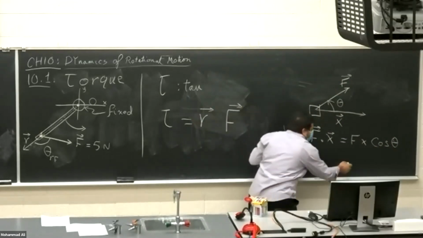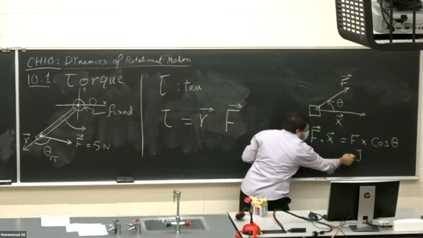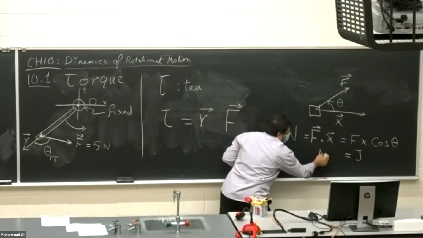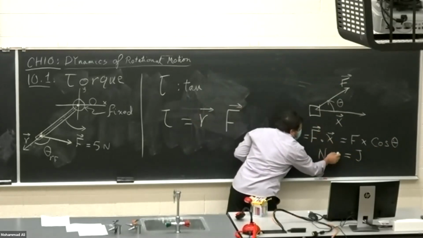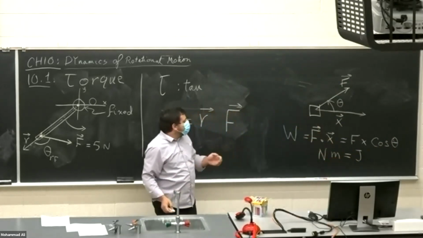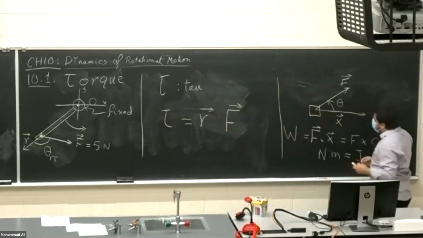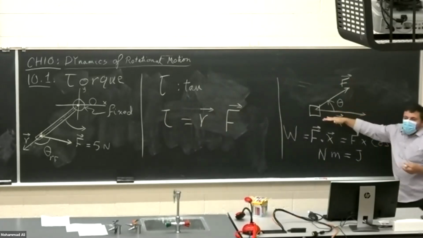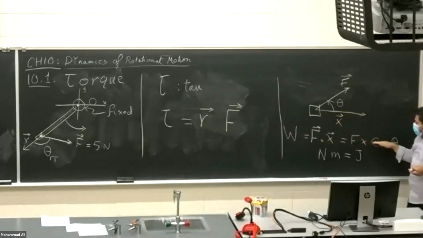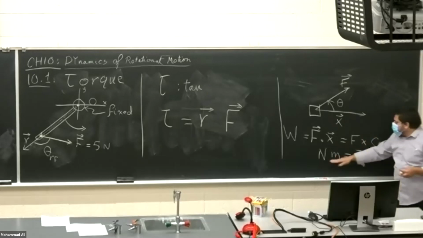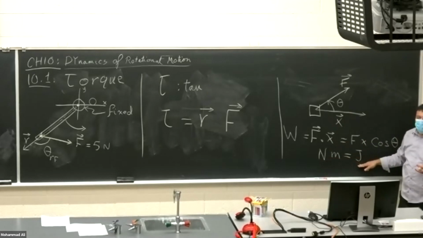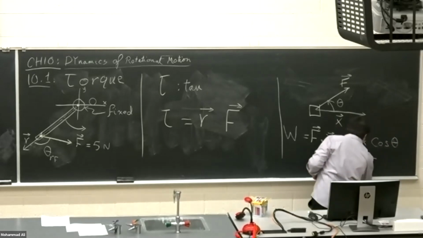If you remember, it is joule, which is also equal to force in newtons times x in meters. So in our previous study, there is an interaction between a force and a distance and the angle between them: F x cosine theta, and the units newton meter are equal to joules, which is an energy.